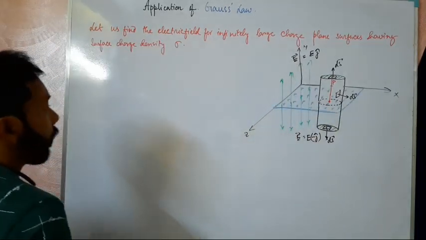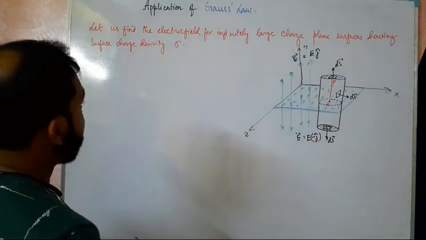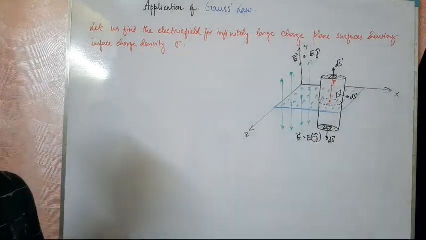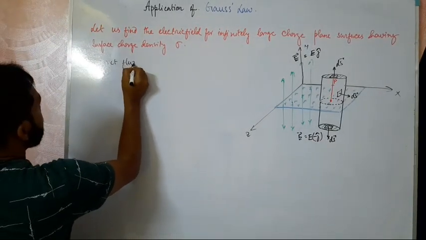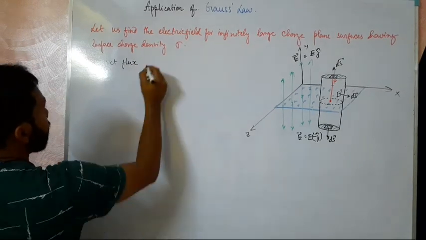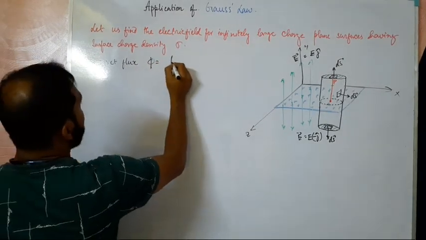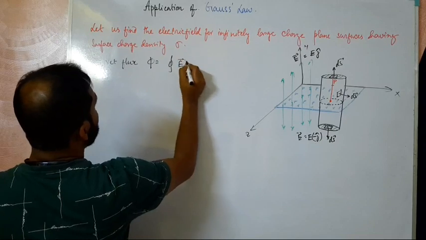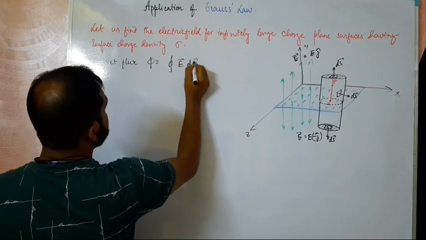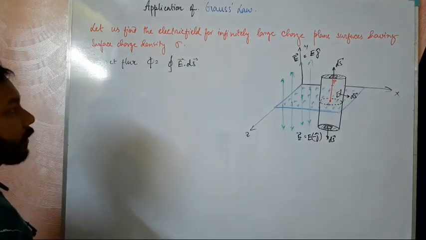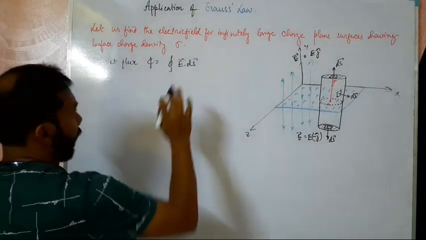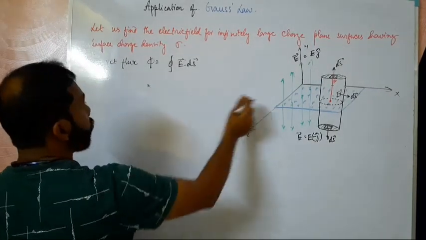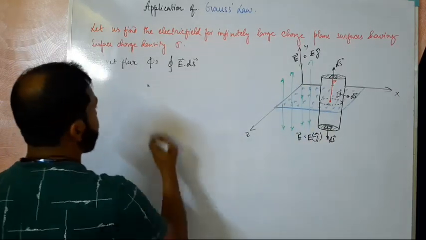Okay. Now the second step, to find the net flux. So let's find the net flux through the surface. Net flux phi is obviously equal to closed integral E dot ds. This is the net flux. And whenever we are finding the net flux, we need to expand this along two plane surfaces and one curved surface.